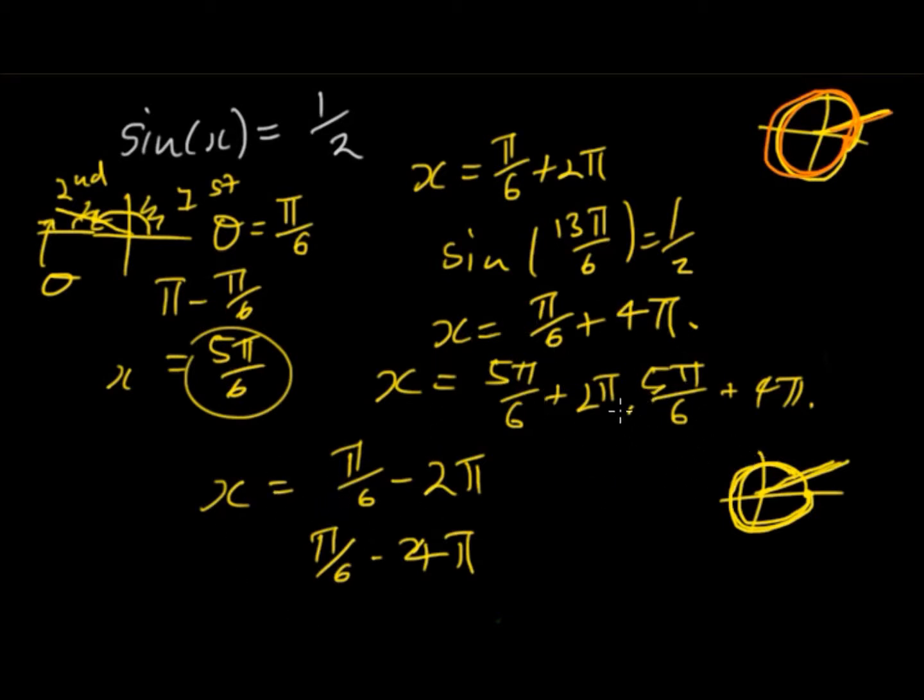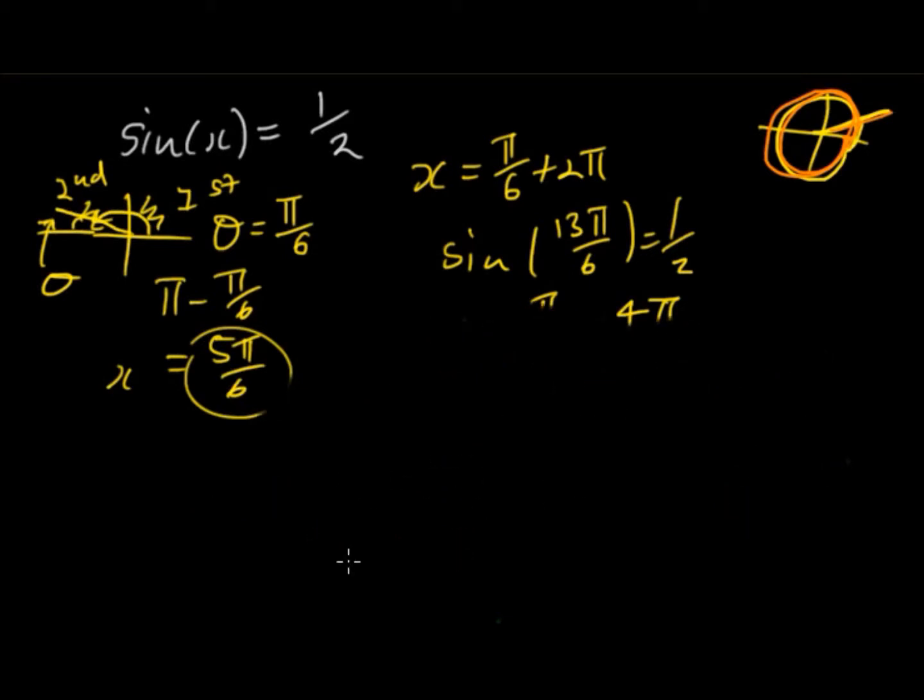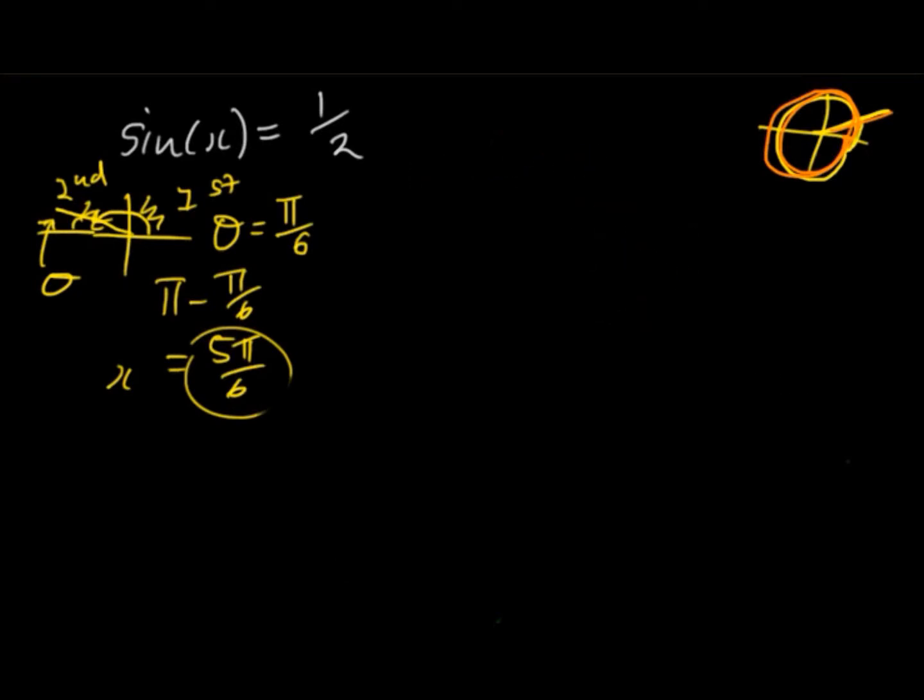So what we do is write a general solution, which is the solution written with regard to another variable. There are two we have to write for sine. Firstly, we have x is equal to pi on 6, and then you can add 2 pi, 4 pi, 6 pi, etc. So we can write plus 2 pi k.